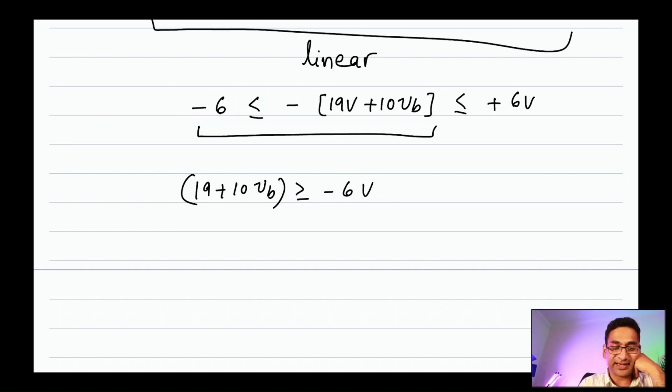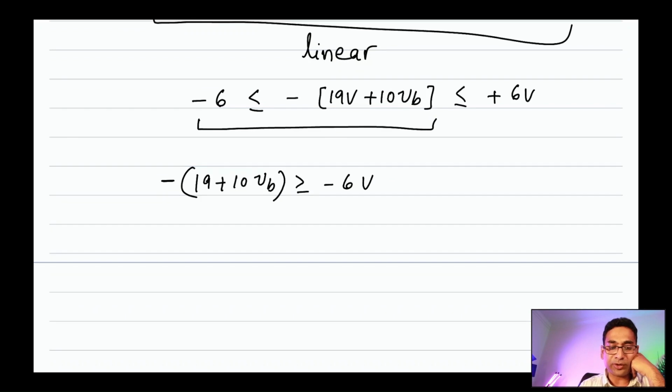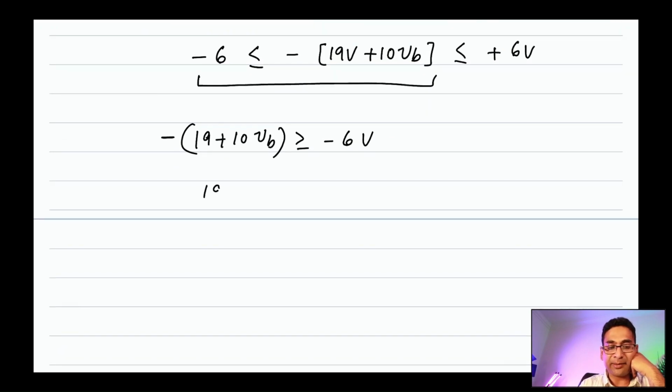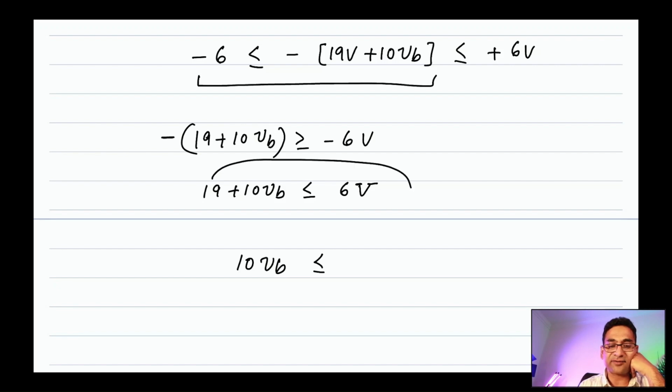Now I multiply both sides by negative 1: 10 VB should be less than or equal to 6 volts. Taking this to the other side, you have 6 minus 19, which is 13 volts, so VB should be less than or equal to negative 1.3 volts.